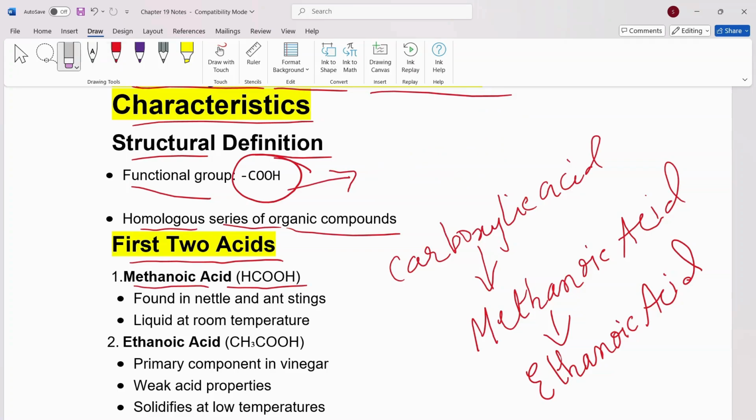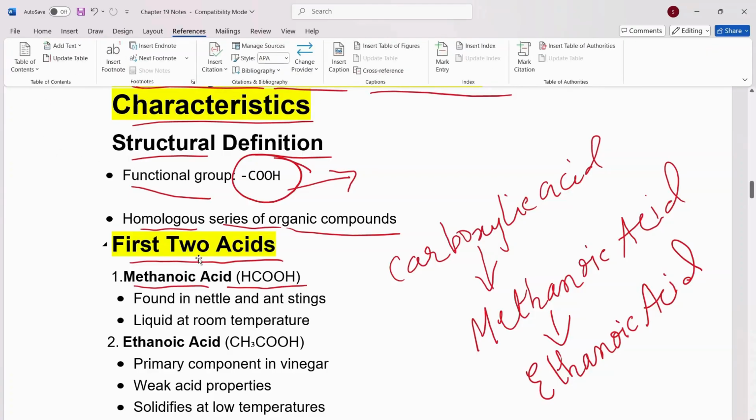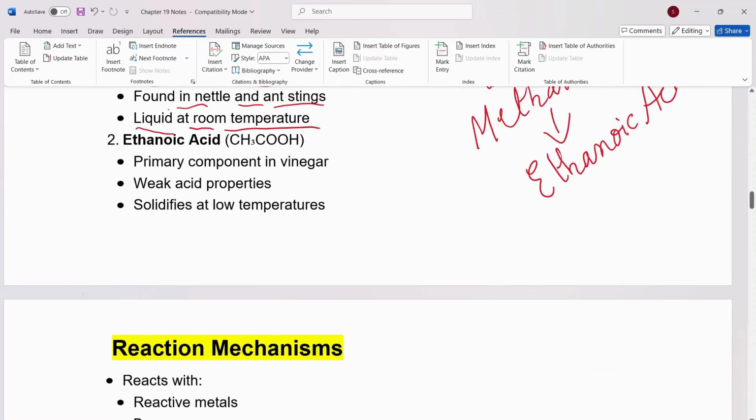All right, let's talk about these first two acids. Methanoic acid is found in nettle and ant stings, and is a liquid at room temperature. Then let's talk about ethanoic acid. Primary component is vinegar.